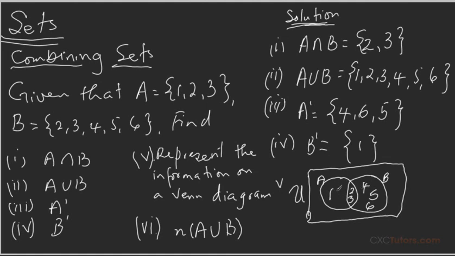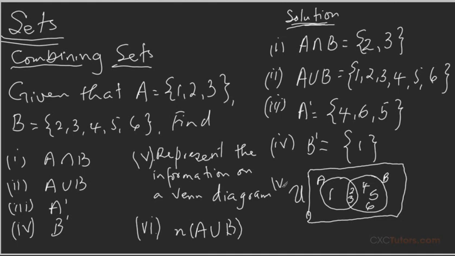So in this case, A only is 1 and B only is 4, 5, 6. So if you look, if this is set A, the elements that do not belong to set A, which is what we call A complement, see them here, 4, 5 and 6. And if you look at set B, this is our set B. The elements that do not belong to set B is just 1 alone. That is why we have B complement is 1.